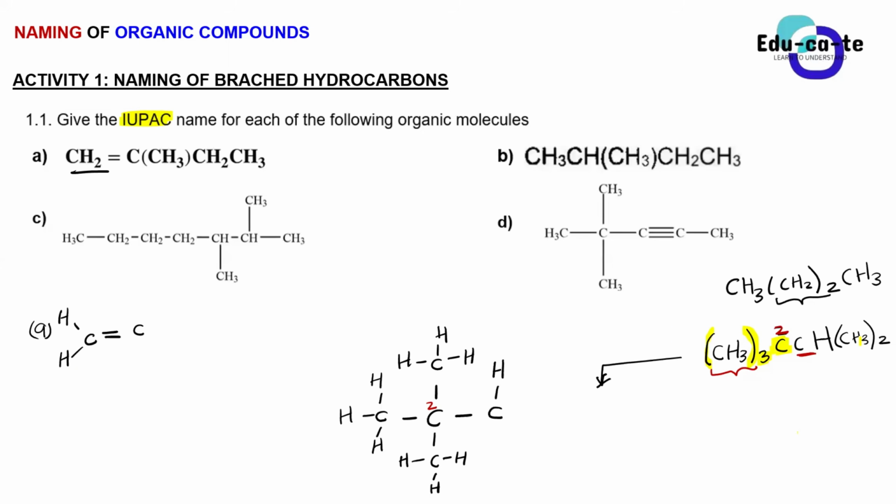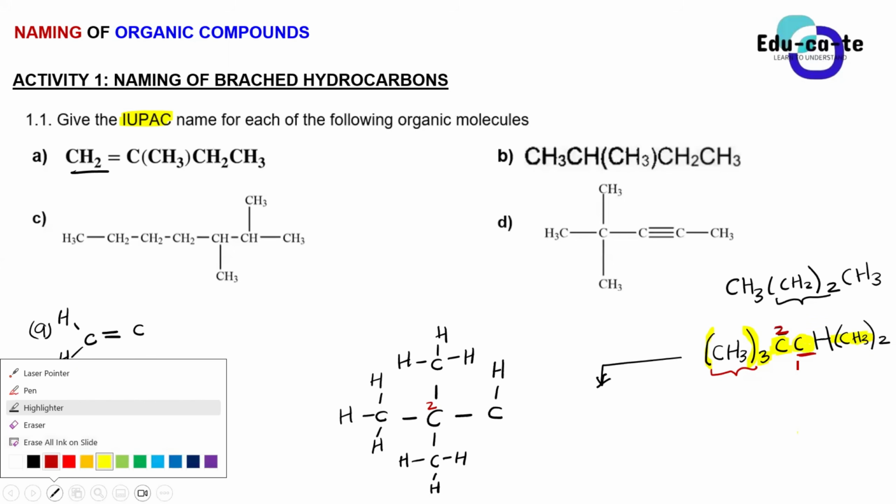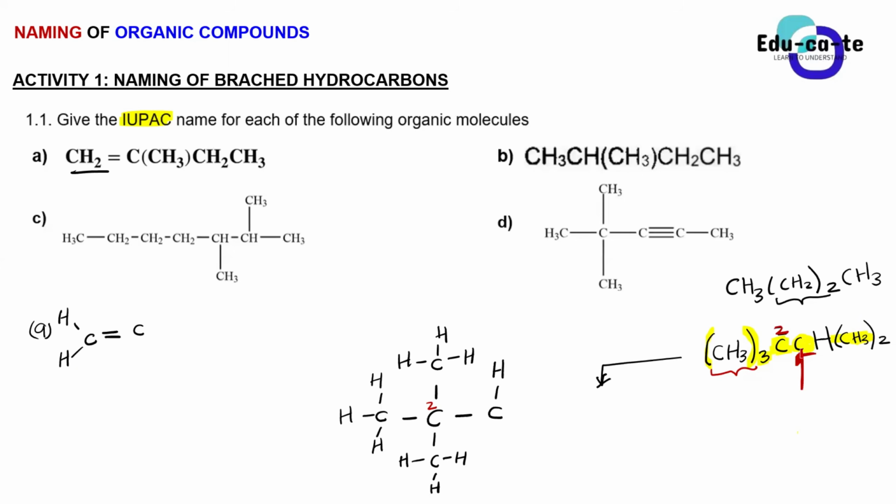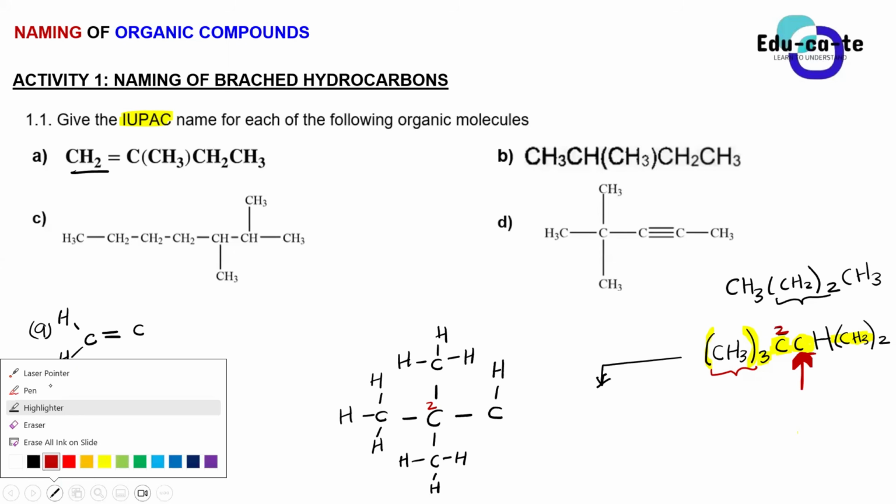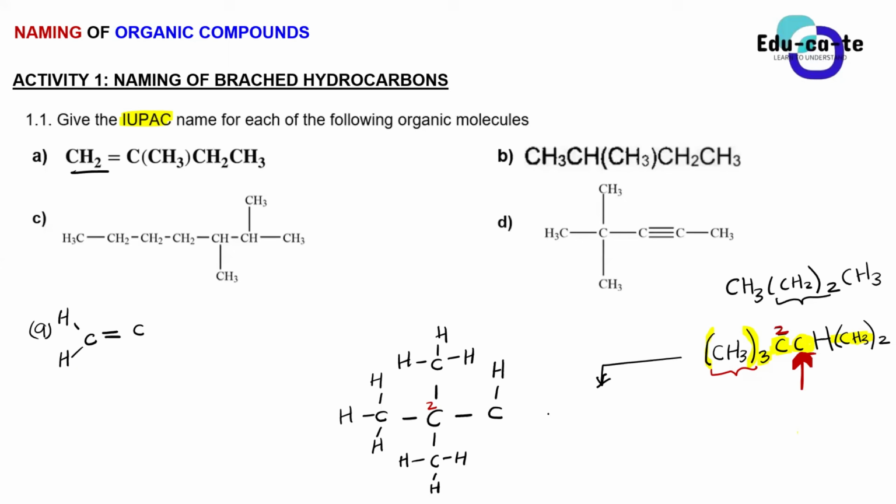These two methyl groups at the end are connected to this carbon here that I've highlighted in red. Let me just re-highlight there. This carbon here has these CH3s, and there are two of them, and it's also having a hydrogen. So when you plot there, you must have a CH3. Yes, Orifa?